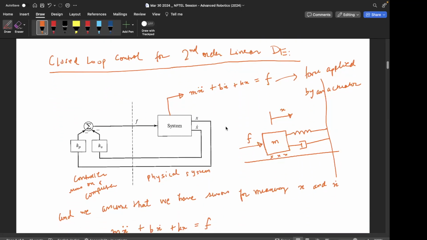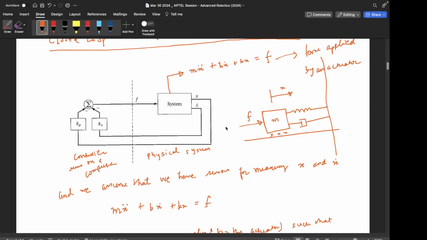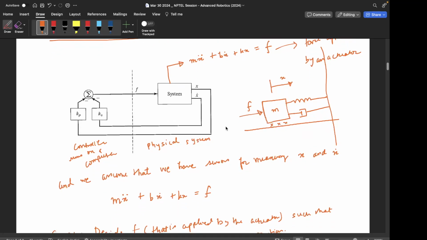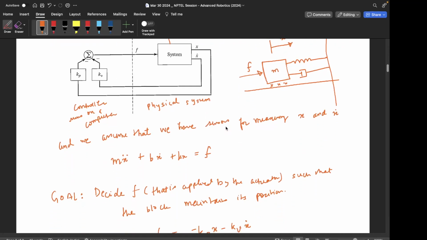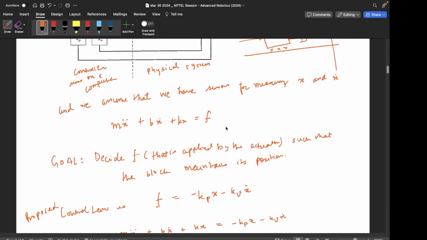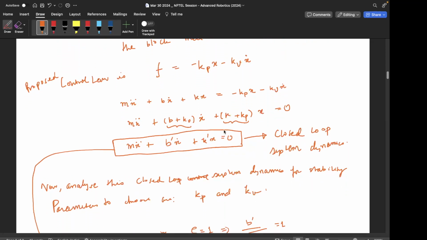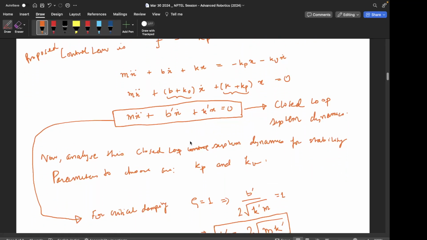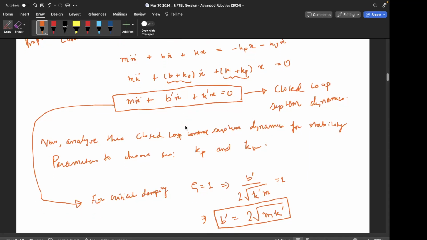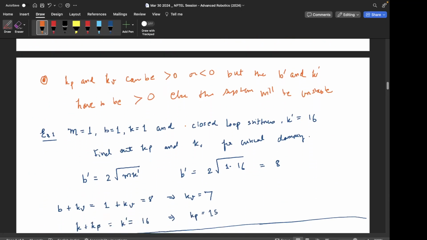Now for the second order linear differential equation system, a very simple control law is to choose f as the proportional and derivative term, and that f acts as the position regulator control law, right? And we get the closed loop system dynamics like this, with a modified closed loop damping and closed loop stiffness, and the values of the gains can be chosen by going for the critical damping criteria, right?